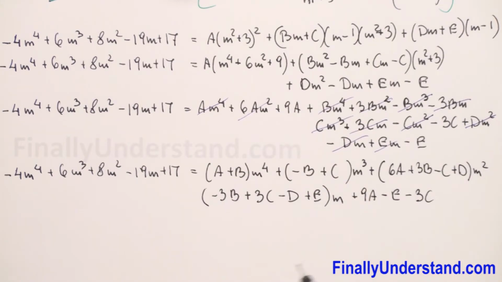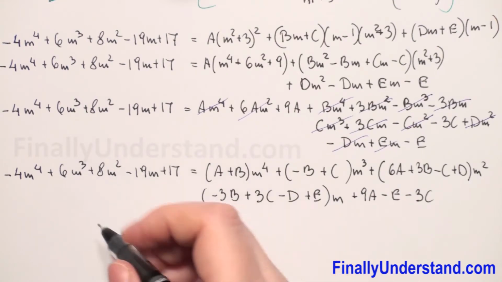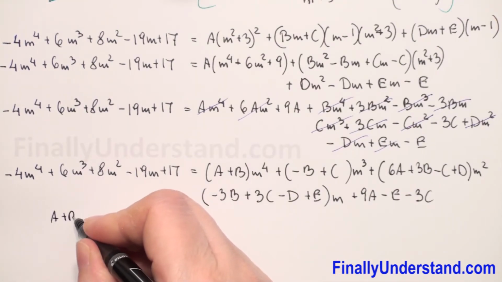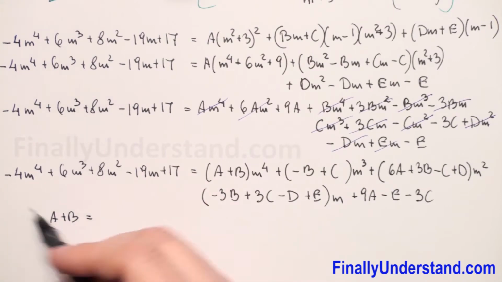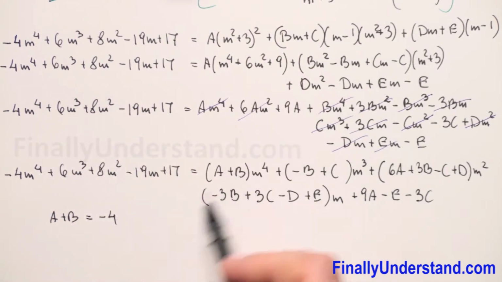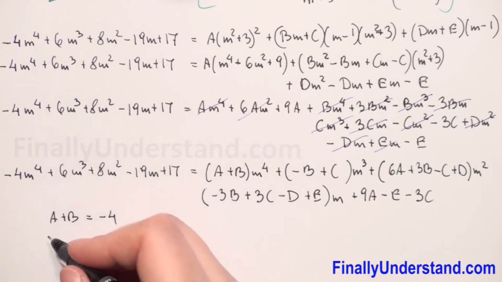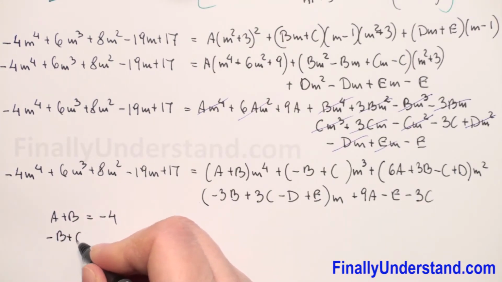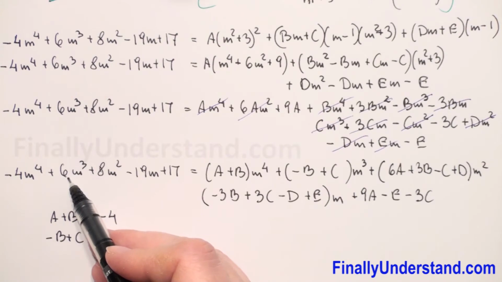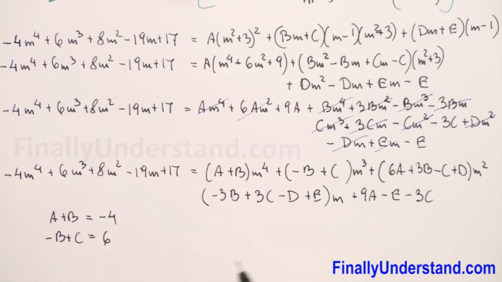So now we have to compare the coefficients, because for n to the 4th power we have a and b, so a plus b must be equal to negative 4. Next, negative b plus c must be equal to 6, the coefficient before n cubed.